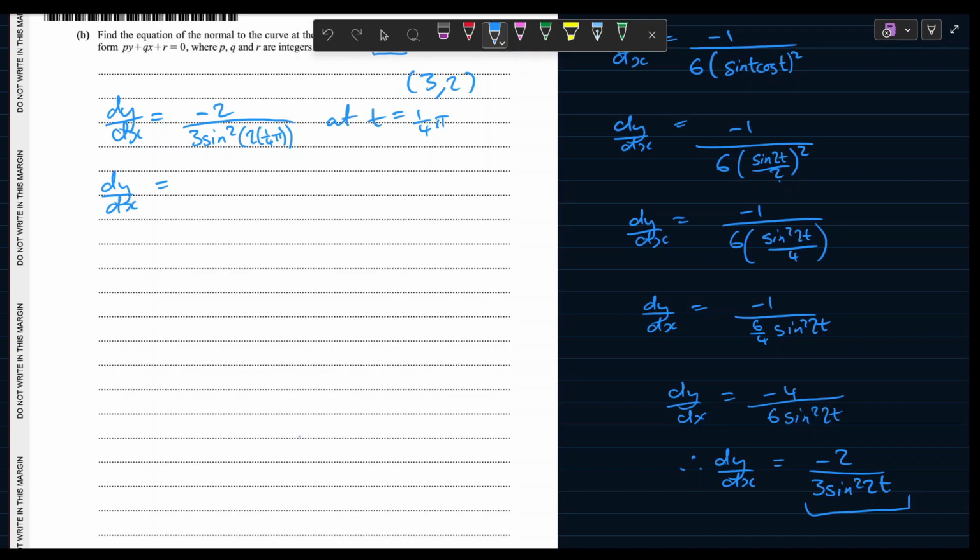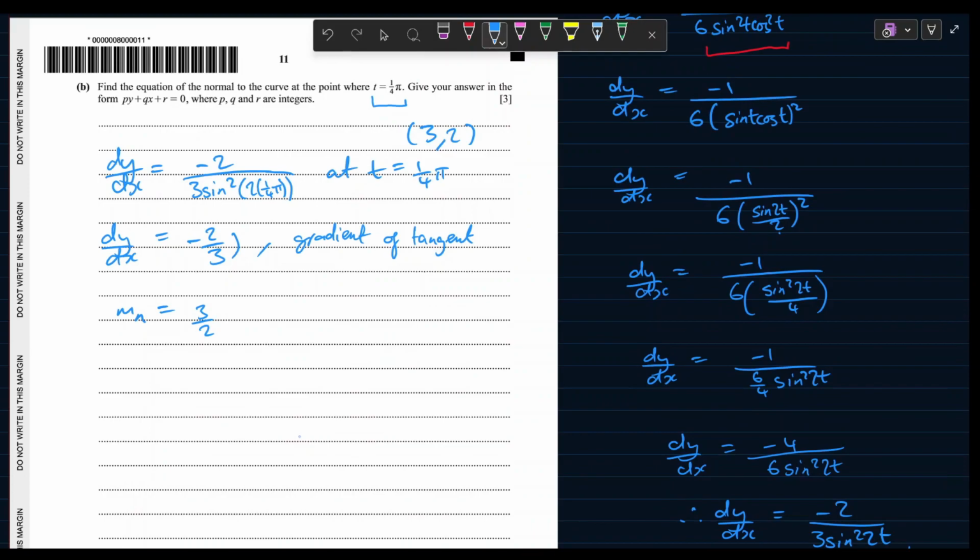And this is squared. So that's negative 2/3. So we get that dy/dx is negative 2/3. Remember, this is the gradient of the tangent. We want the gradient of the normal. So that's just the negative reciprocal. So m_n is going to be, just flip the fraction and change the sign, so 3 over 2. Now that we've got both a point that lies on the line as well as its gradient, we can go ahead and find the equation. They want it in the form py plus qx plus r equals 0.